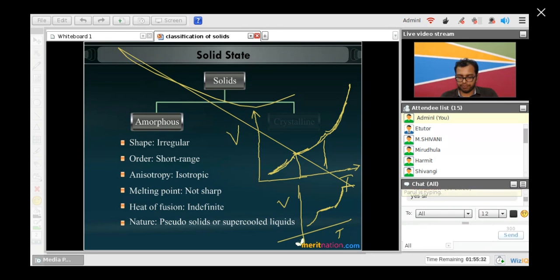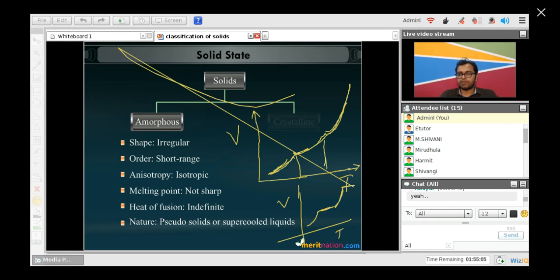Okay. As you would have studied about the phase transformation in solid state, whenever the phase transformation takes place in a crystalline solid, you will observe that during the phase transformation, the volume remains constant. So let's say you are increasing the temperature of a solid.